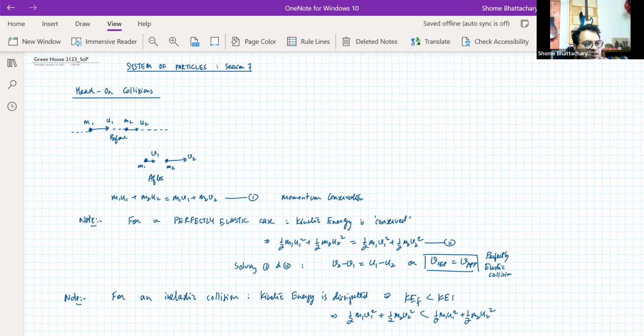So when we solve for this condition along with the momentum conservation equation, what we'll realize is that now the separation velocity becomes less than the approach velocity. So anytime there is loss of kinetic energy, the particles don't separate as rapidly as they are approaching each other.